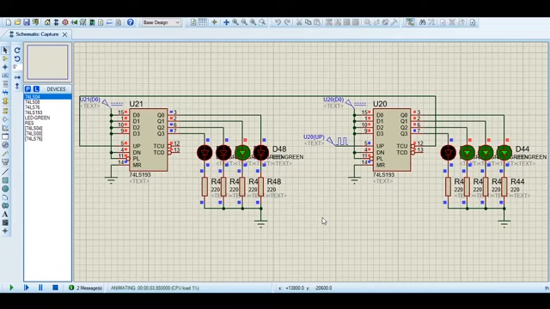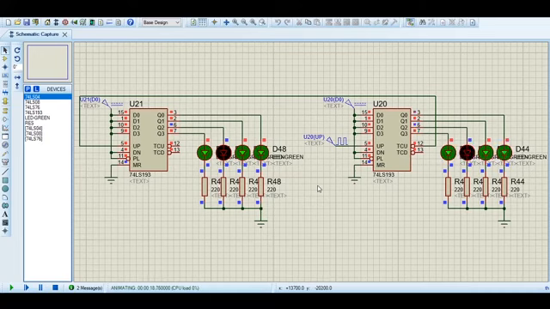So in this particular example, I simply increased the frequency of the clock generator so that we can have the counter count faster. So in this example, I set the frequency to 10 Hertz.